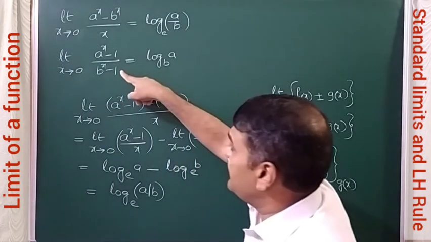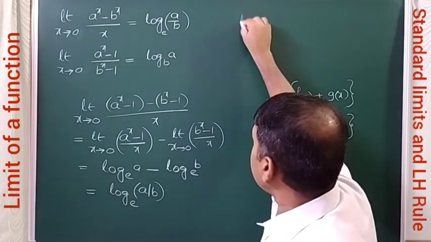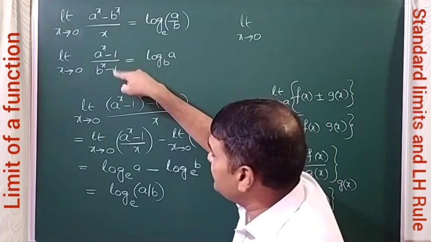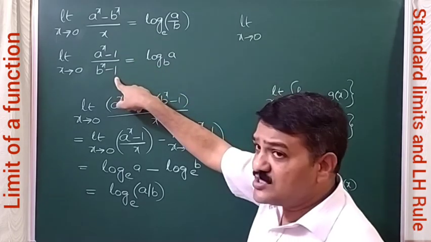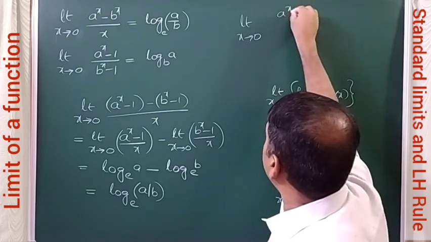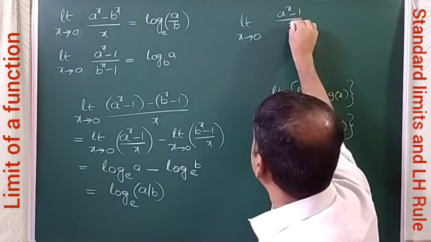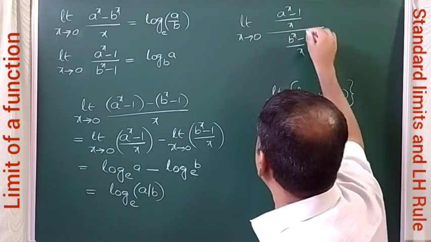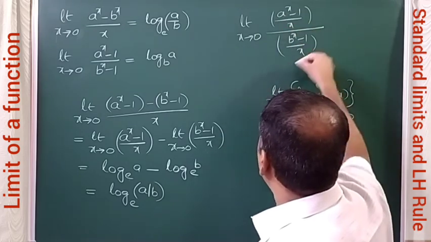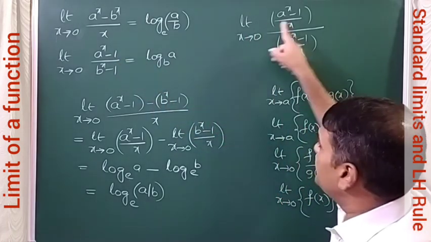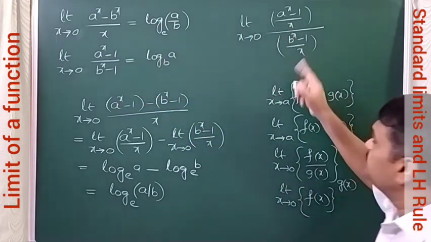So if I take this second function, limit x tends to 0, I can rewrite this function as a power x minus 1 by x by b power x minus 1 by x. So I am dividing numerator with x and denominator with x.